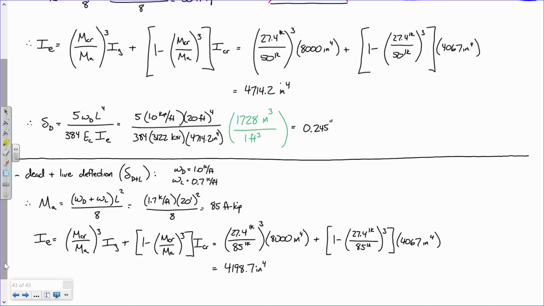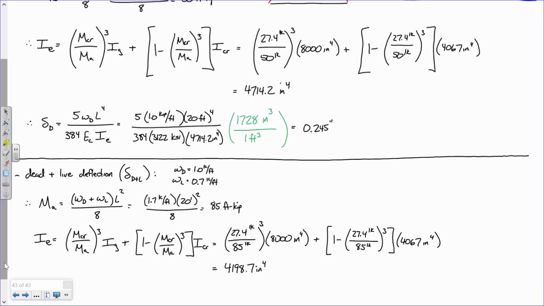First off, somebody tell me why this number makes sense when you look at these two. It's between them, right? The effective moment of inertia has always got to be somewhere between the gross moment of inertia and the cracked moment of inertia, the two polar extremes. So we got 8,000 and 4067. This is 4198. So we know that that makes sense from some standpoint there.